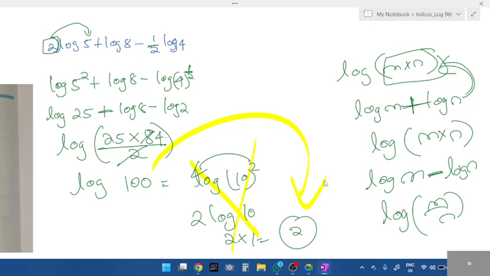So indices is easy. This is a bit complicated. Logarithm. First, go through. Don't just blindly copy whatever I've written. Go through the concept.